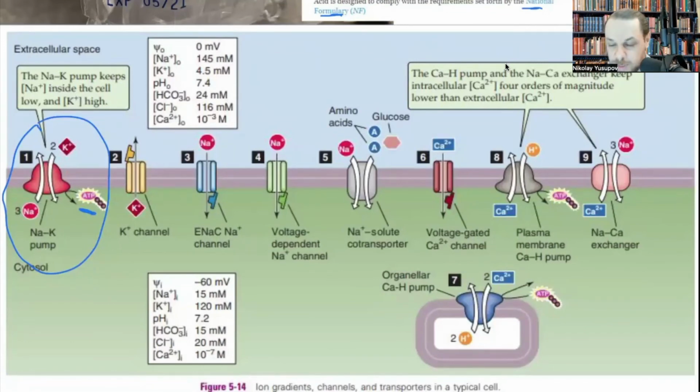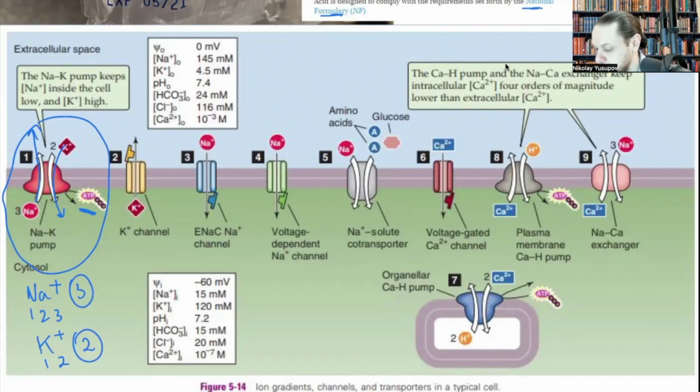What does it do, right? It pumps 3 sodium out for every 2 potassium in. The way I want you to remember is, Na plus, so 1, 2, 3, there's 3 of them. K plus is 1, 2, so there's 2, right? You're using energy. There are also other channels that are important.